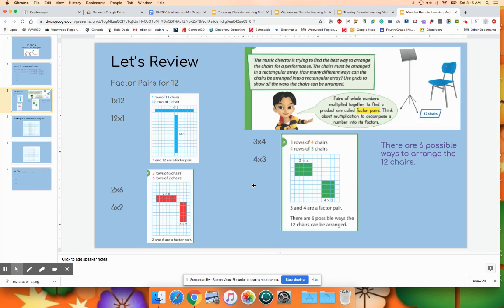We also know that 3 times 4 gives you 12. So 3 rows of 4 columns, or flip it around, 4 rows of 3 columns, okay? So then the question is, how many possibilities are there? How many factor pairs? 1, 2, 3, 4, 5, 6 possible ways that the 12 chairs can be arranged.